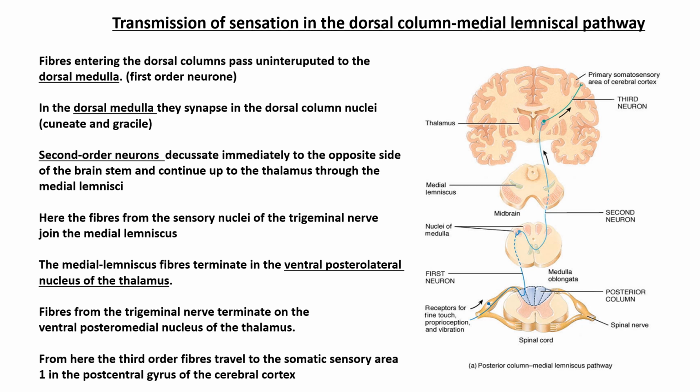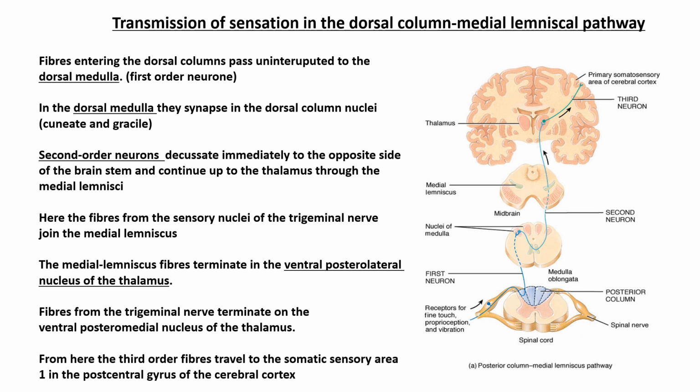So this is the first order neuron. It then synapses onto the second order neuron, which decussates, crosses over to the other side, and travels all the way up to the thalamus. It usually terminates in the ventral posterolateral nucleus of the thalamus. This is a second order neuron.